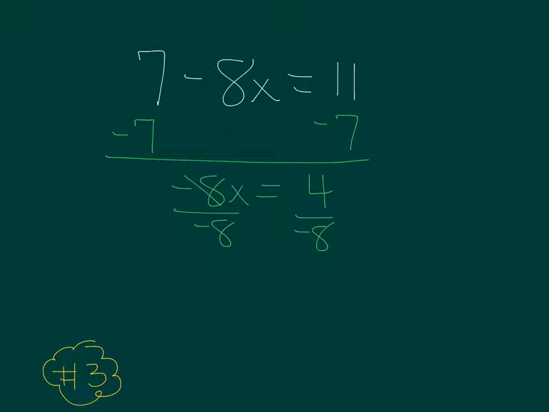So -8 over -8 becomes 1, so I get 1x, and I get this -4/8. That's a fraction. I can simplify that fraction. 4 goes into 4 one time, 4 goes into 8 two times, and my answer is x equals -1/2. Okay? Stop the video and go work number 3.